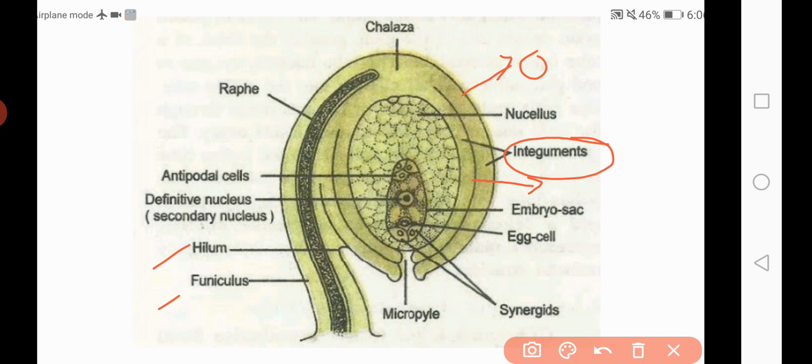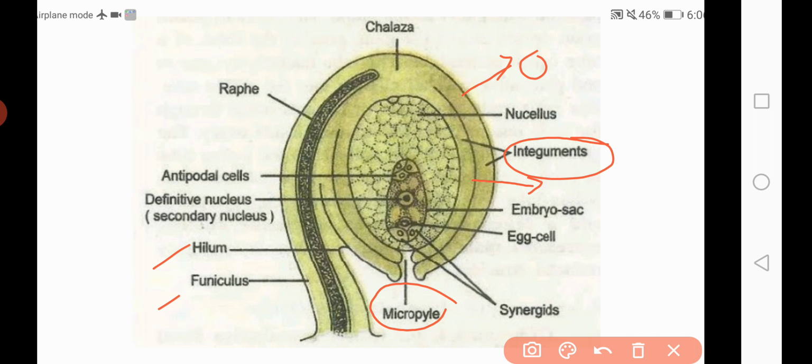Now this integument does not cover the ovule completely, but it leaves a small area uncovered, and that uncovered area is in the form of an opening, which is called the micropyle. So the micropyle is the small opening of the ovule which is present at the tip.